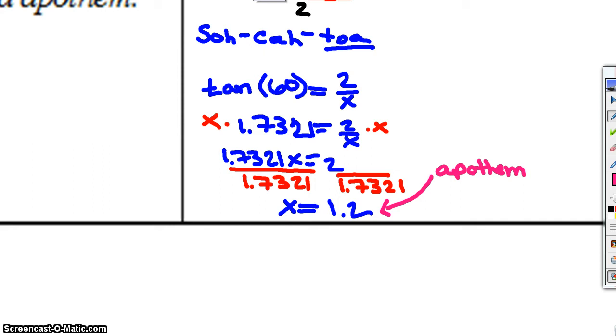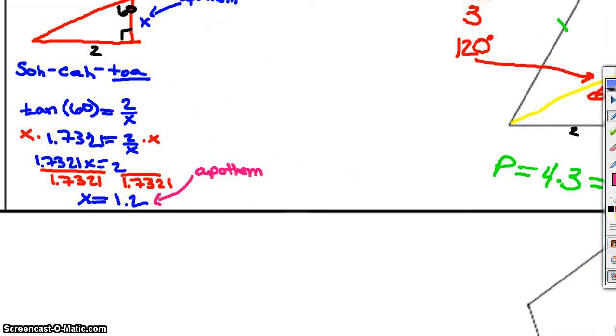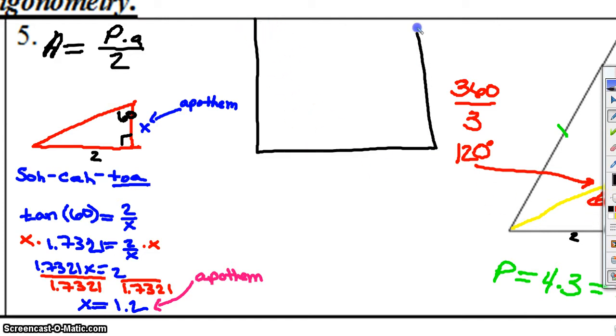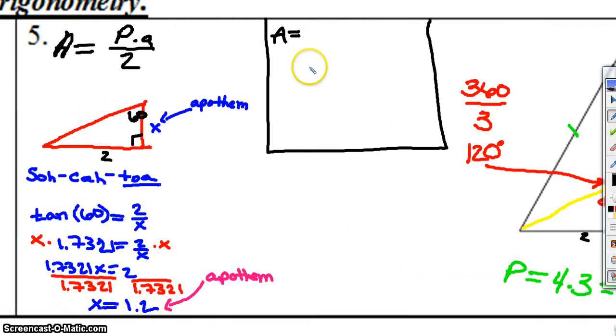Just to remind you of why we even did that, let's go back. Remember, our formula is A equals P times A, perimeter times apothem divided by 2. So let's plug that in. If we have our perimeter, which we said was 12, our perimeter is 12.